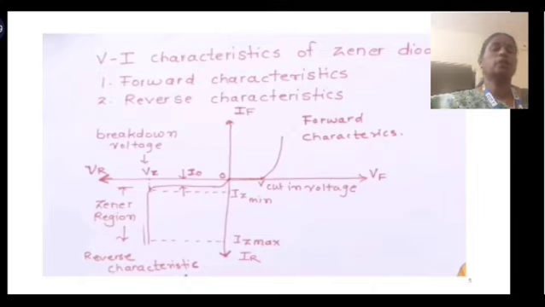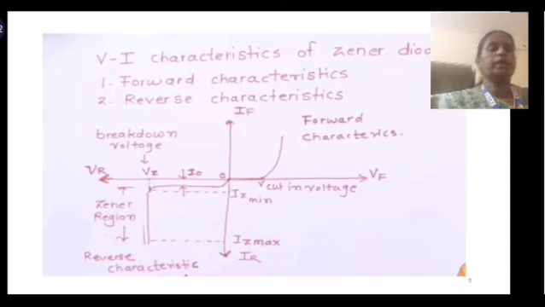That voltage is called the barrier voltage. If the supply voltage is greater than that barrier voltage, only then will the diode start conducting current. So after the cut-in voltage only, the diode will start conducting current.